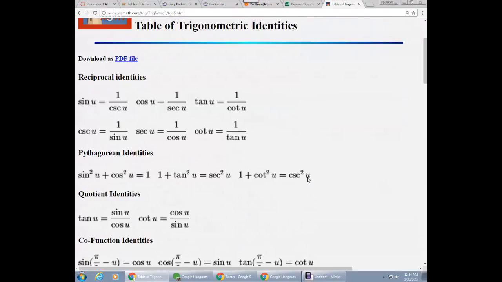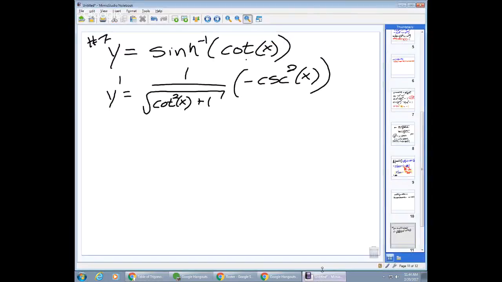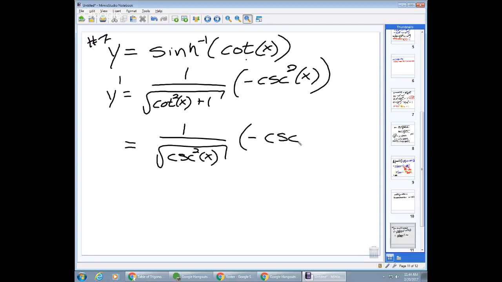That's nice because it's inside a square root. So now this is equal to 1 over the square root of the cosecant squared of x times the negative cosecant squared of x.